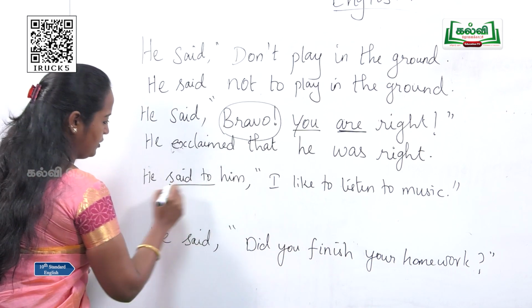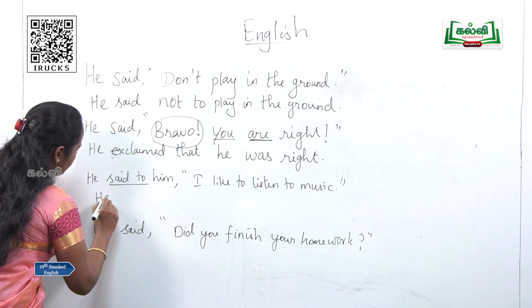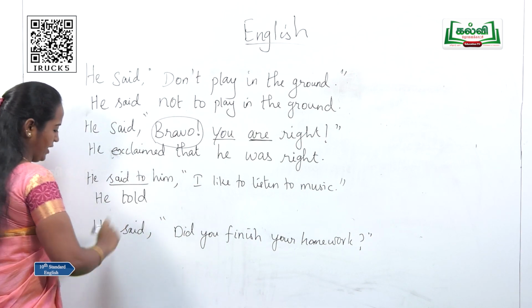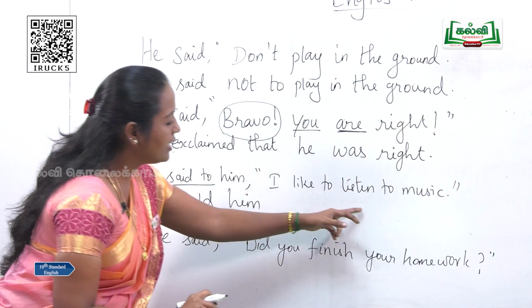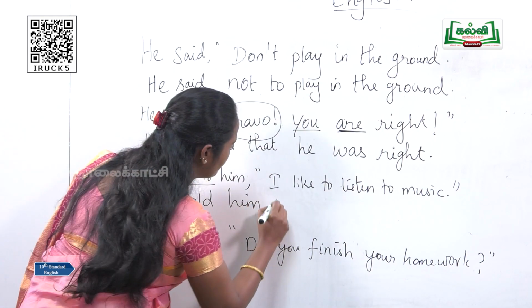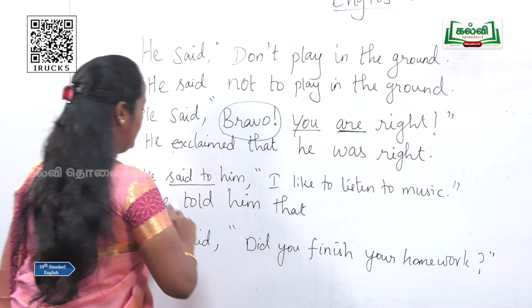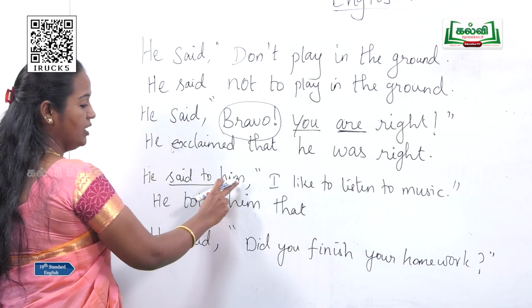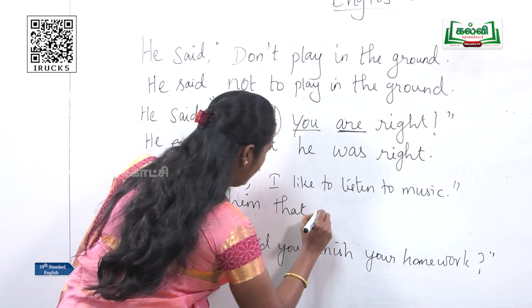Good. And then he said to him. Now remember, said to. When you have said to, it changes into told. Very good. He told him, I like to listen to music. So this is a declarative sentence. So the linker would be that. He told him that. Here again we do have him. So it is a masculine gender. So this I becomes he.